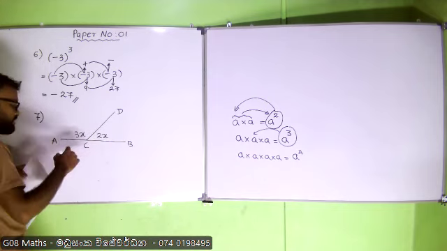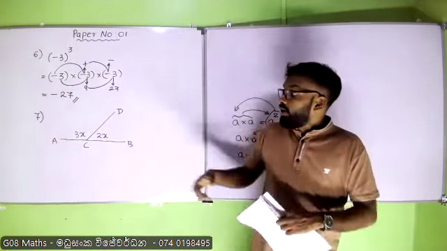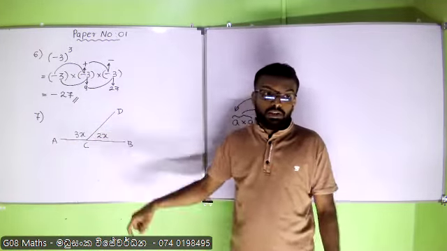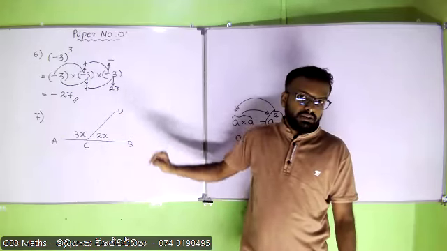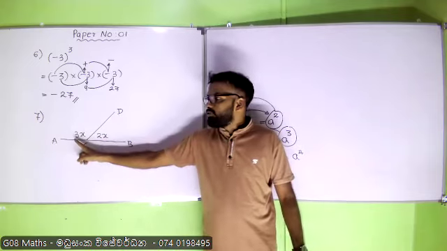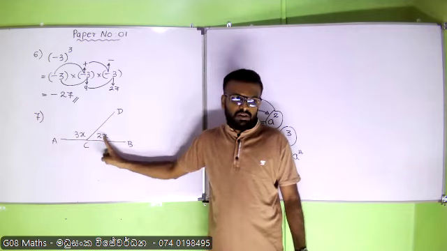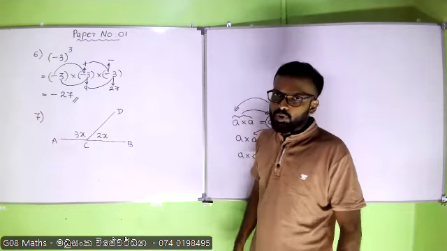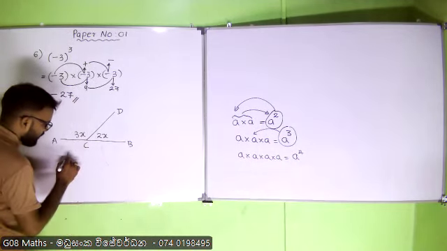Can anyone tell me what you are going to do here? Angles on a straight line. So you can write 3x plus 2x equals to what? How much? 180. Super, 180.